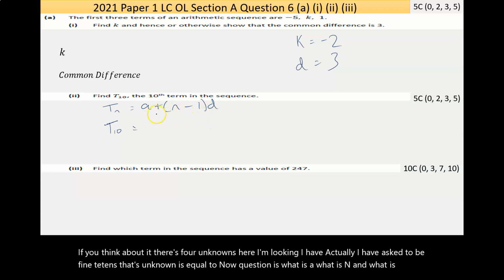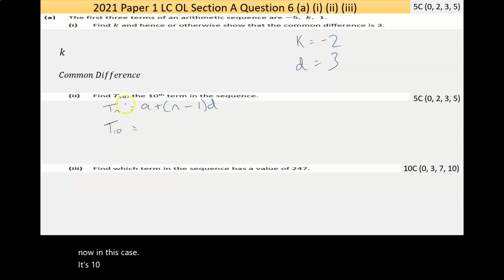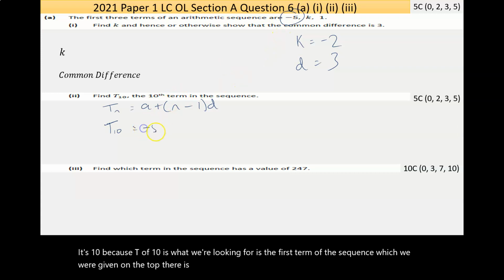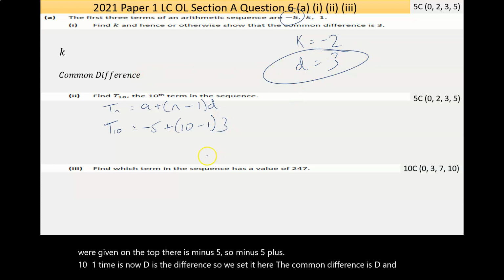In this case, n is 10, because t of 10 is what we're looking for. A is the first term in the sequence, which we were given on the top there, -5. So -5 plus 10 minus 1 times, now d is the difference. We said here the common difference is d, and that's 3.